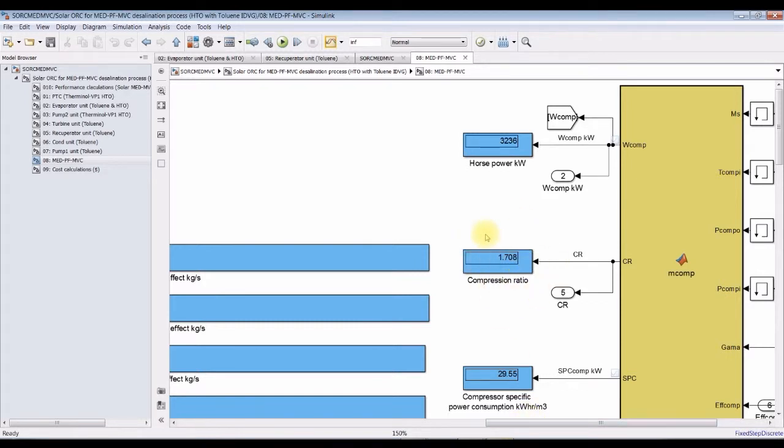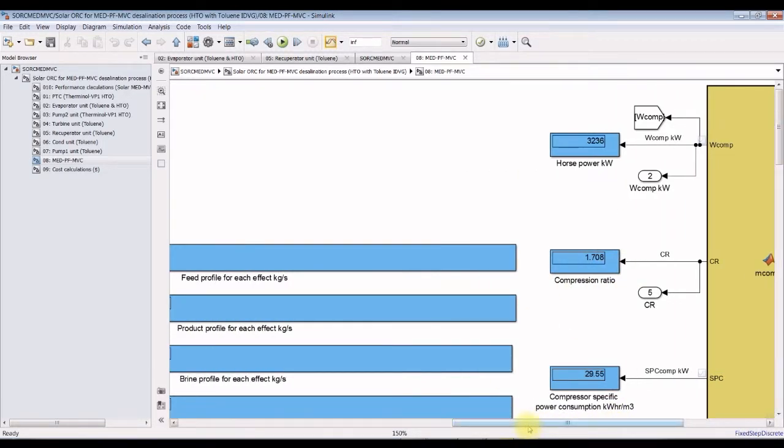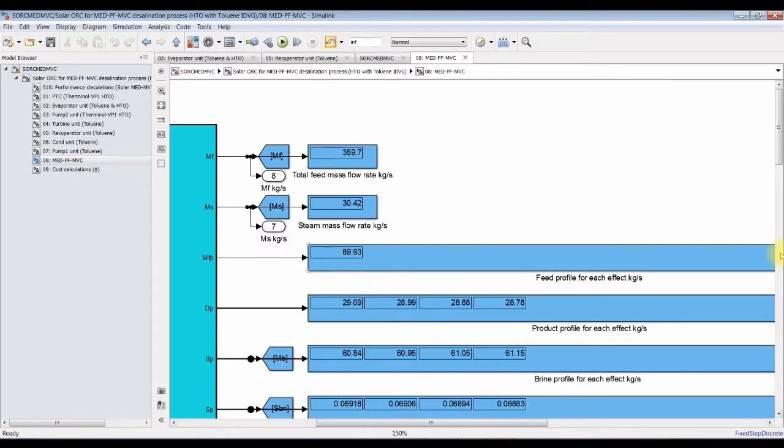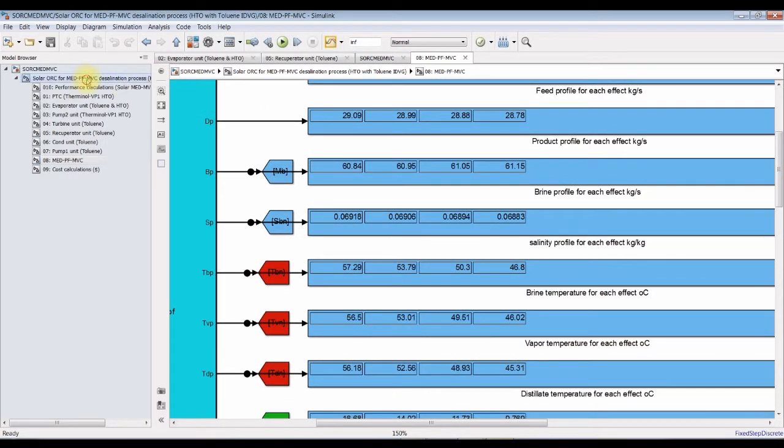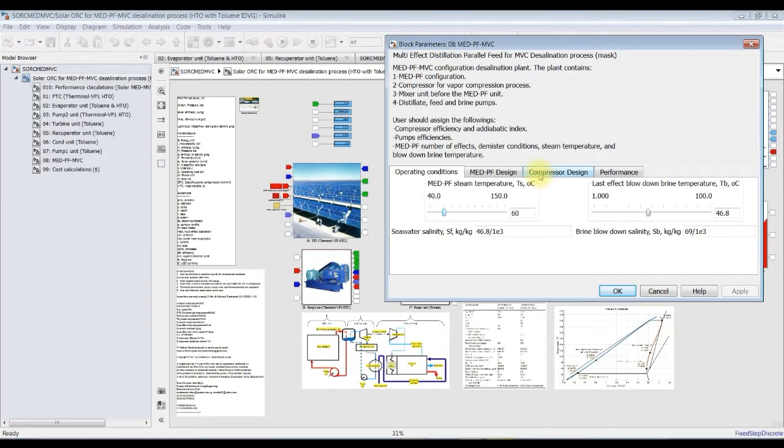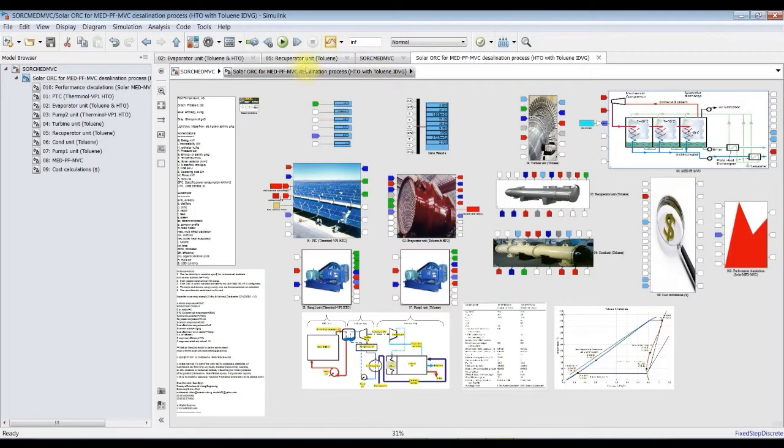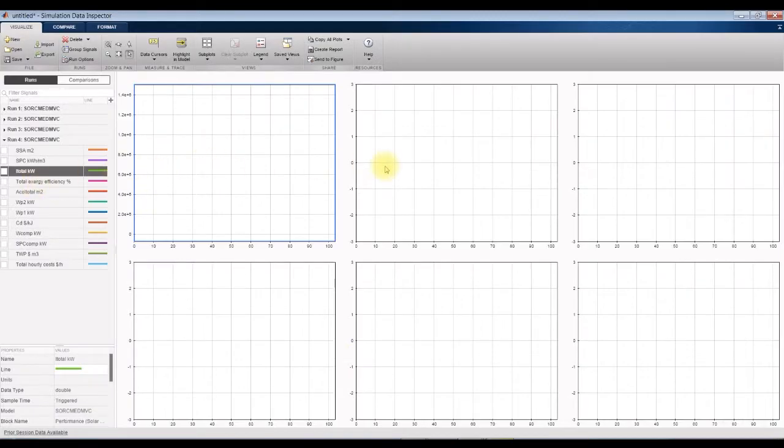So if you are going to increase the compression ratio and reduce the power, you have to change the number of effects. But after this one, I'm going to discover the effect of the number of MED units. Okay, as you can see here. Let's draw some parameters like total irreversibility.